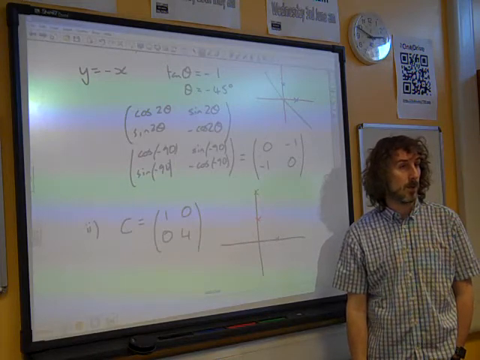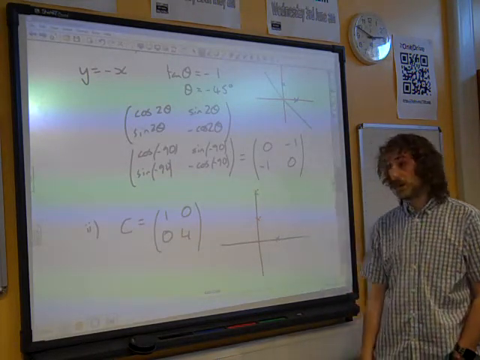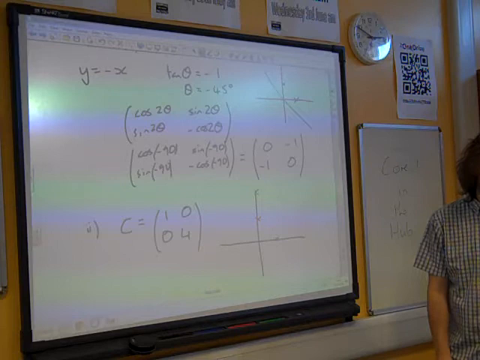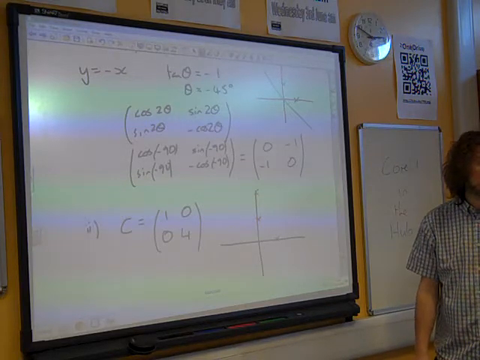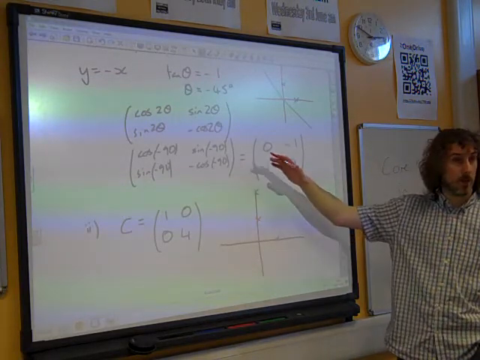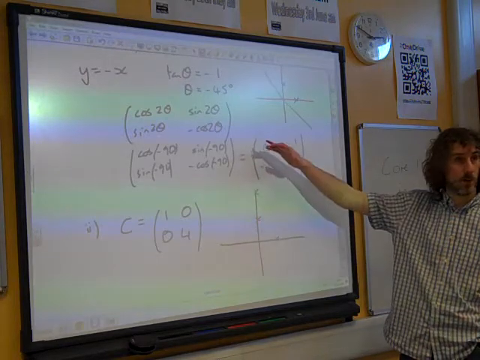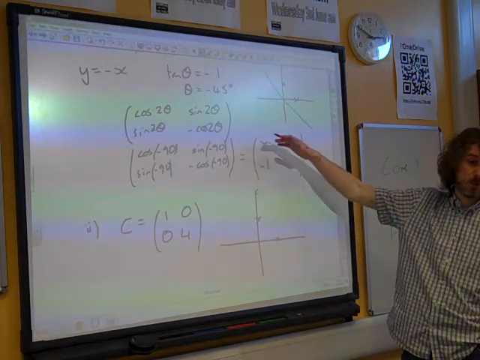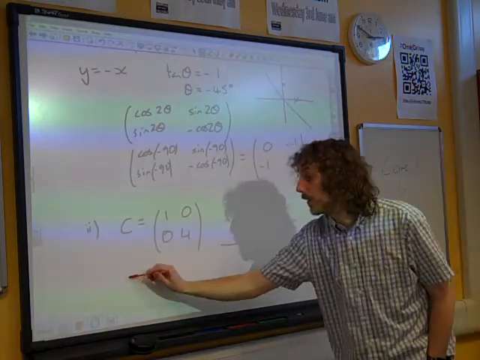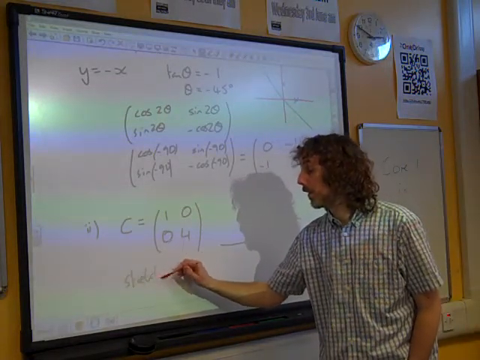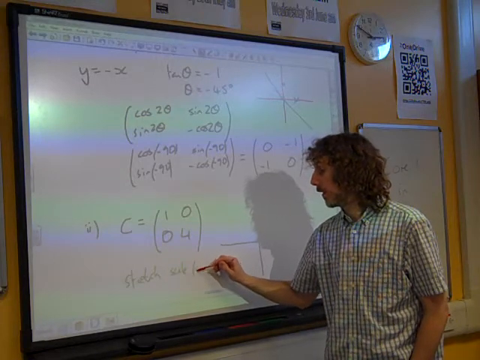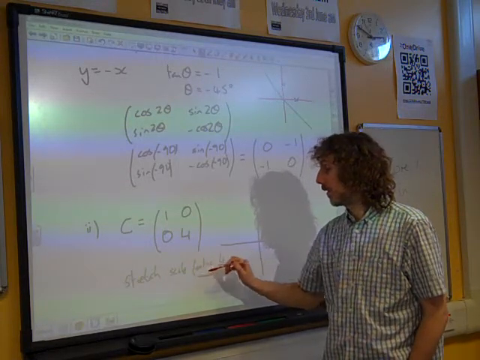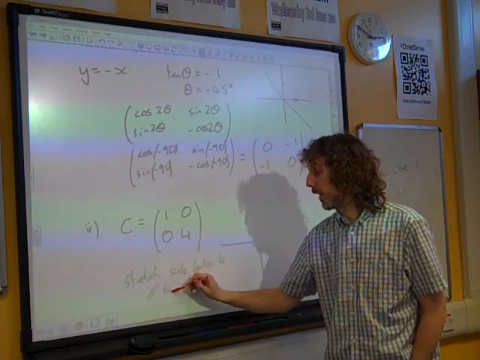And let's think what would have happened to it. Well, we could multiply by the whole unit square, but I think we've got the idea of what's going to happen. That point's staying put, but that's going up that way. It's stretching it, scale factor 4, in the y direction, parallel to the y-axis.